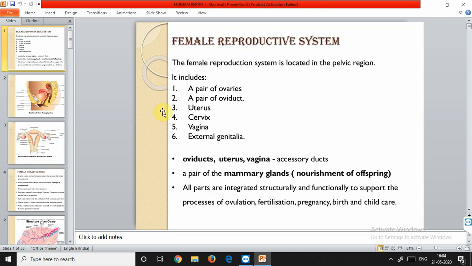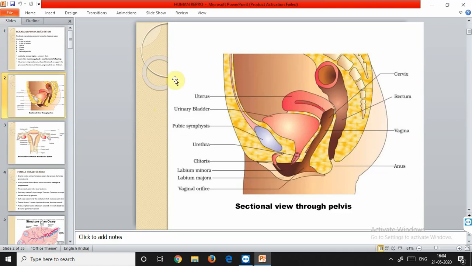So all these different parts have their role in the different processes, starting from ovulation till the child is born, and in childcare also these organs are helpful. Now you can see in the diagram the location of these different parts. This is the cervix, the vagina, then the uterus, urinary bladder, and the urethra. These are some of the major parts.